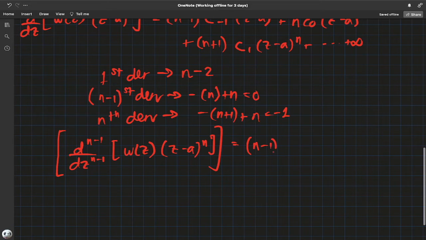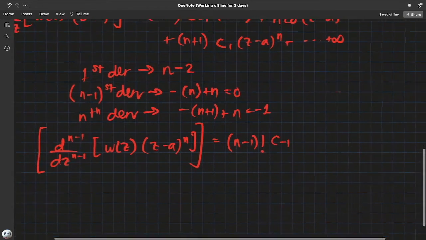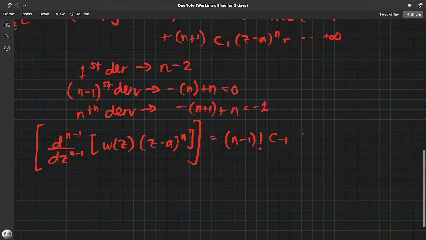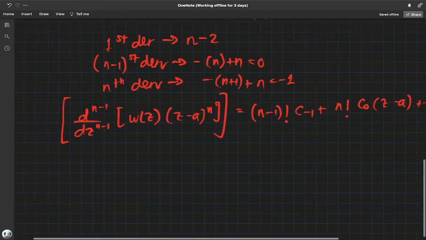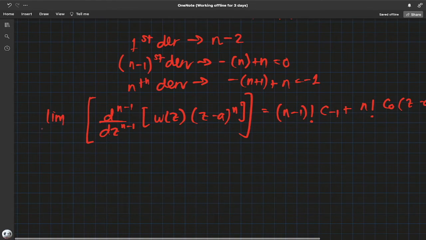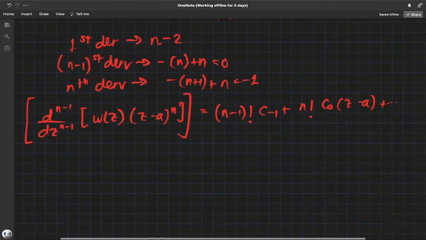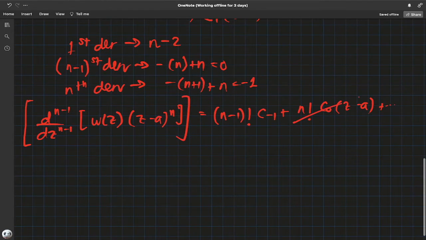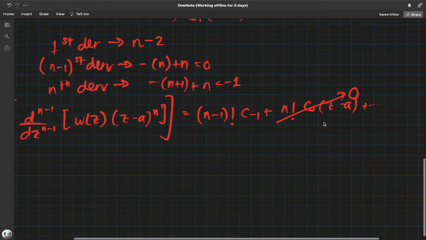So we have n minus 1 factorial times c sub minus 1, plus n factorial times c naught times (z minus a), and all the other terms. So we still have the z minus a. Now we can take the limit as z goes to a, because that ensures that this term becomes 0 and all the other terms become 0 because they have increasing powers of z minus a.